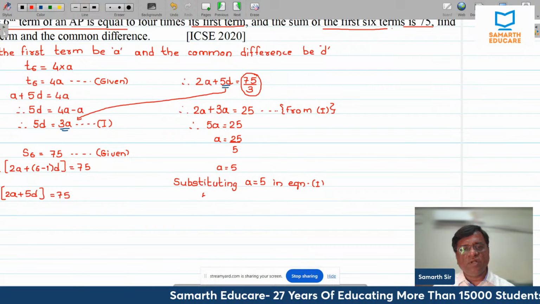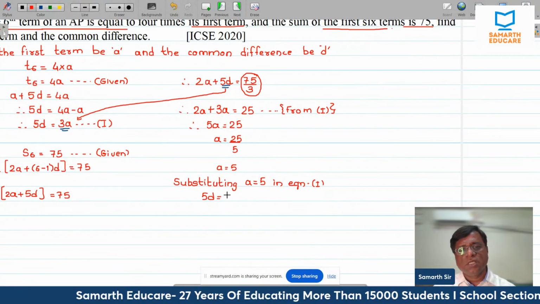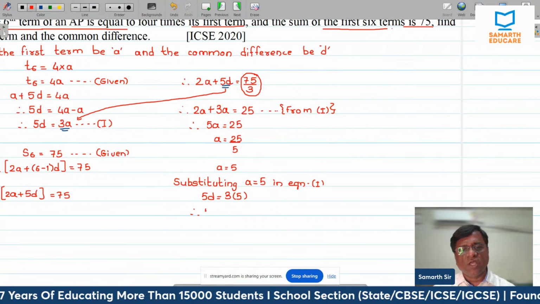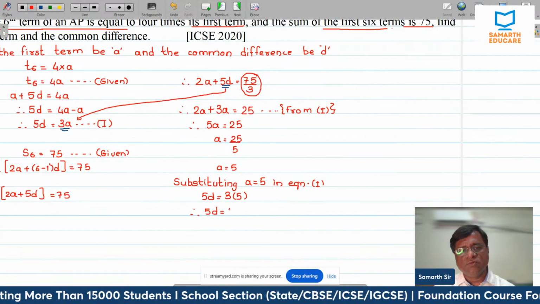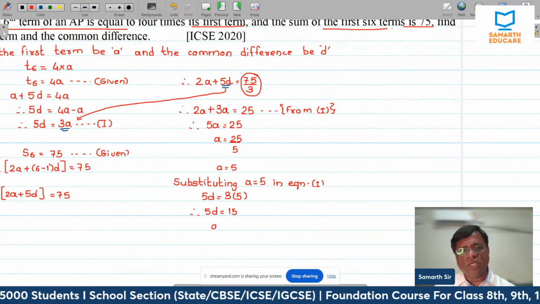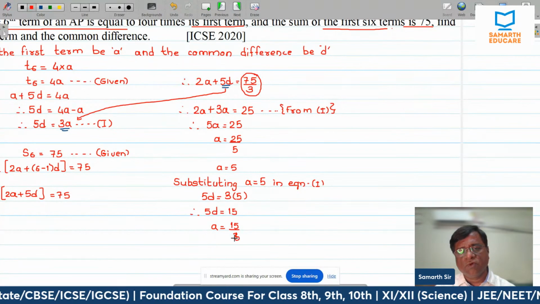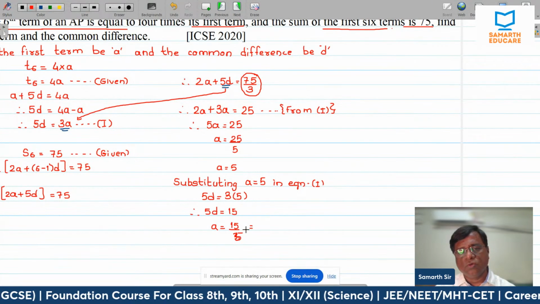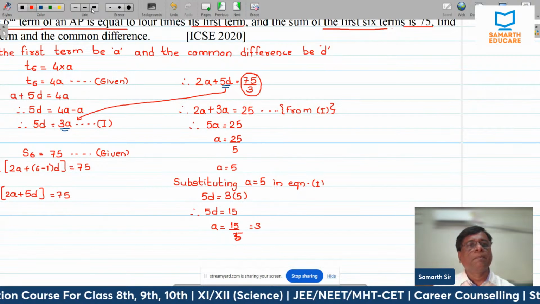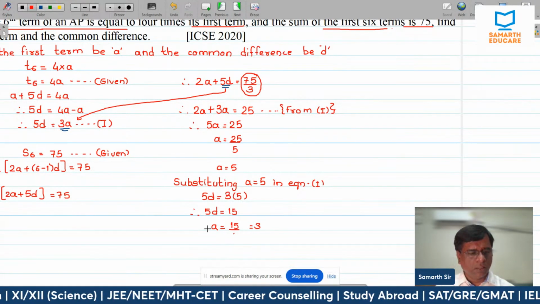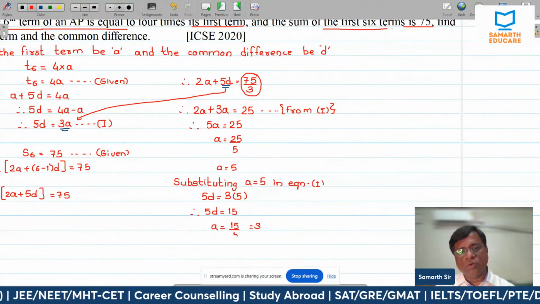So 5d is 3 into a, that is 3 into 5. That means 5d is 15. The value of d is 15 upon 5, and that is equal to 3. Let me write it very properly.